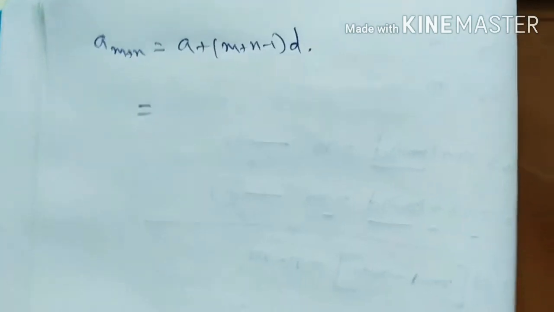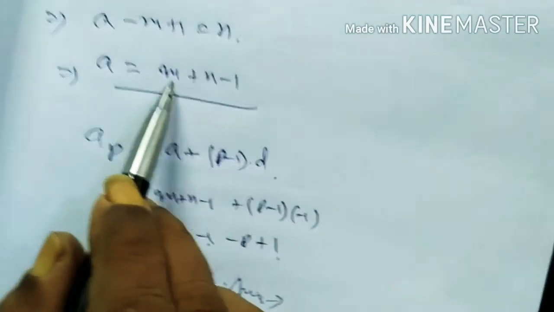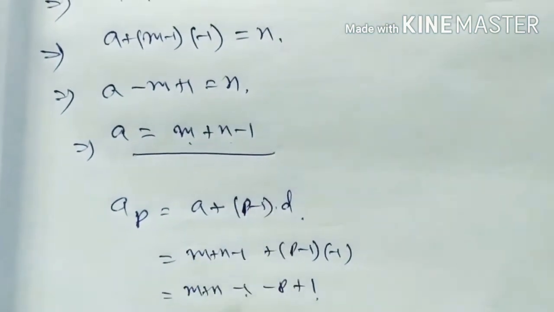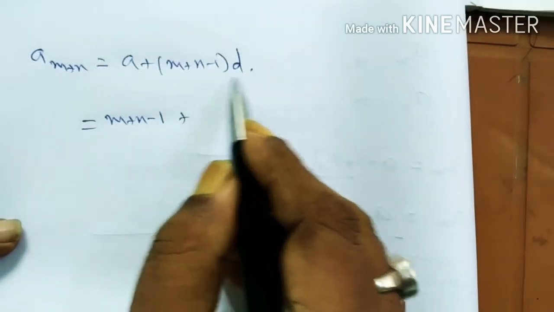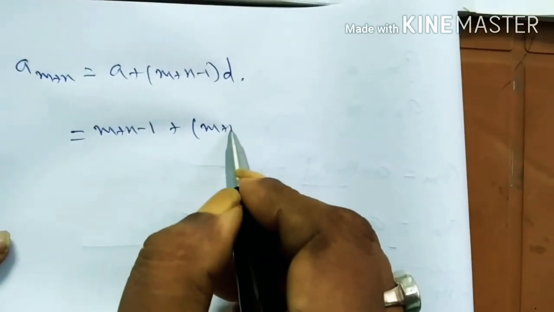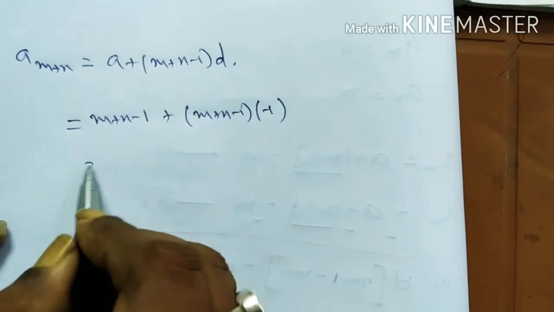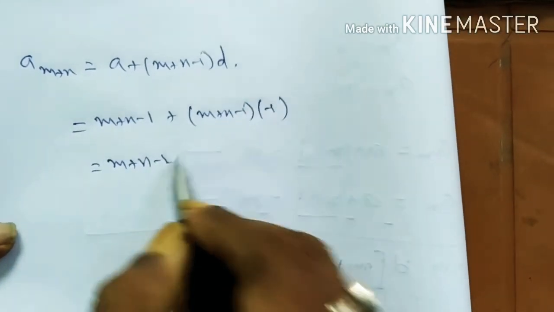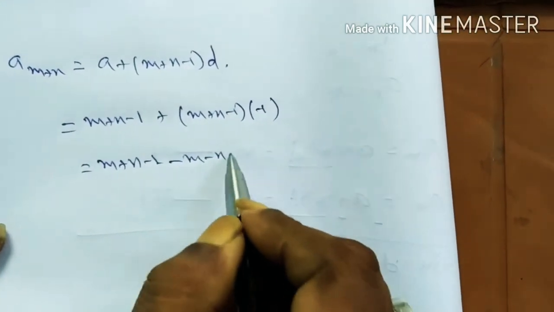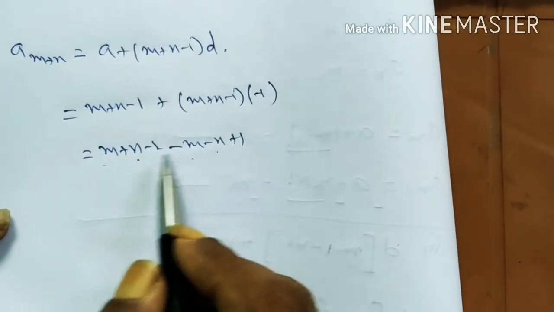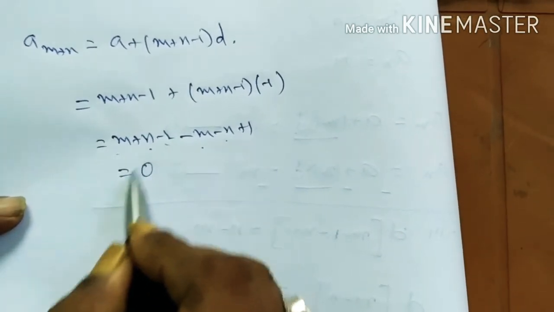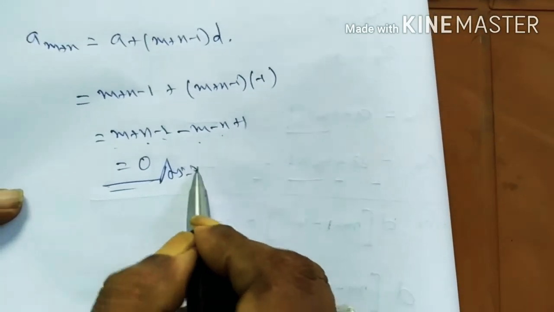Now putting the value of a, which is m plus n minus 1, and the value of d, which is minus 1. Now we are going to simplify it. Minus m minus n plus 1. Minus m cancels out, minus n cancels out, minus 1 plus 1 also cancels, and the answer is 0. This is your answer.